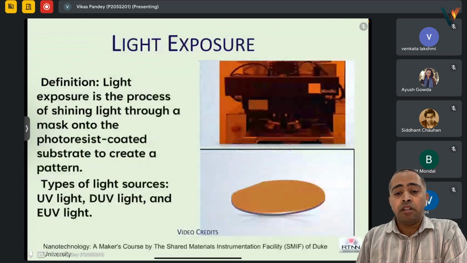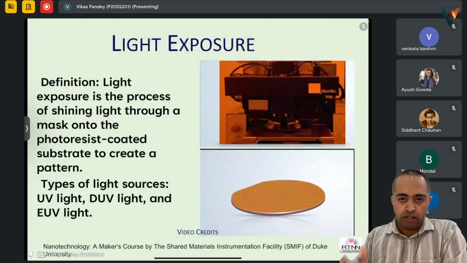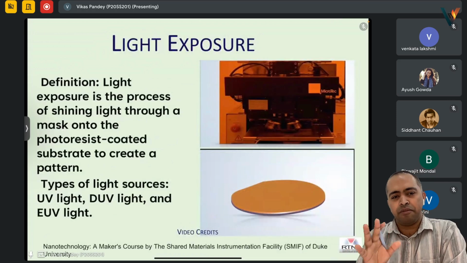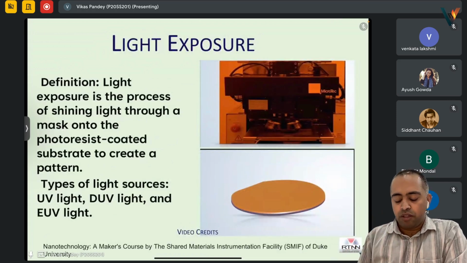Then comes the light exposure part, where we will use our specific setup, which we generally call the photolithography setup.